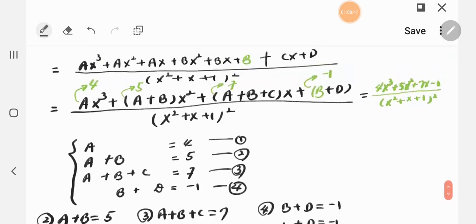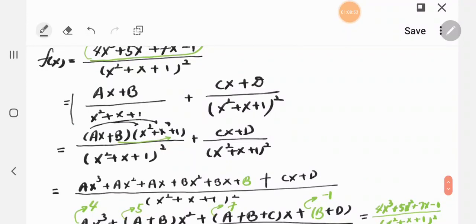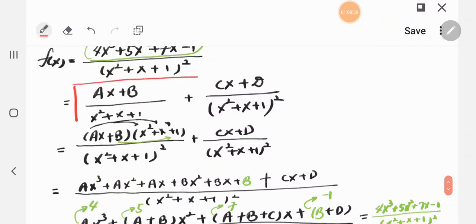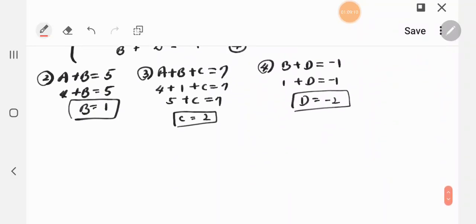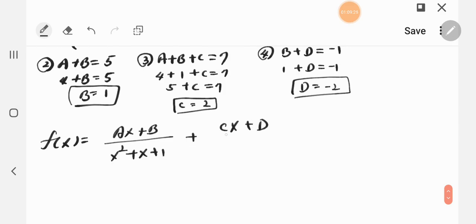So let's plug in these numbers. Let me write it at the bottom so that we can write the answer. F of x is equal to ax plus b over x squared plus x plus 1, and the second part is cx plus d over x squared plus x plus 1 squared.